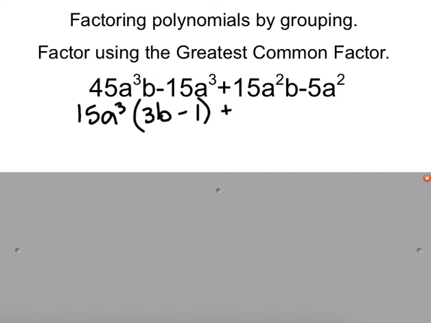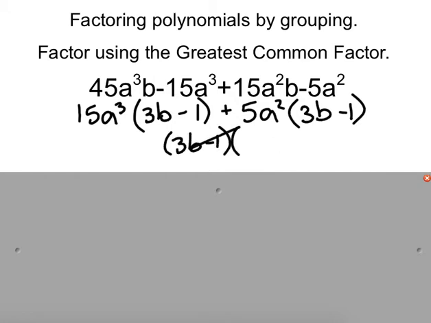And once again, I can factor out a 5a squared, so I say that I have a 3b minus 1 left over, which is great because I have this 3b minus 1 in common multiplied to this 15a to the third plus 5a squared. Okay?